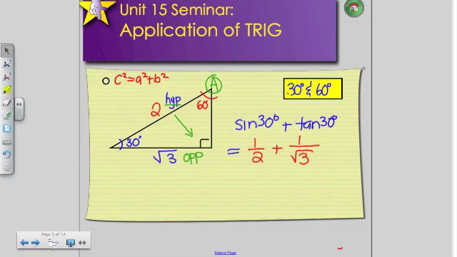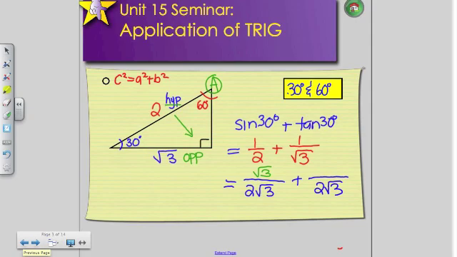So if I make a common denominator, put those two numbers together, 2 root 3 is my common denominator. Well, I would have to multiply this denominator by root 3, so I'm going to multiply this numerator by root 3. 1 times root 3 is root 3.